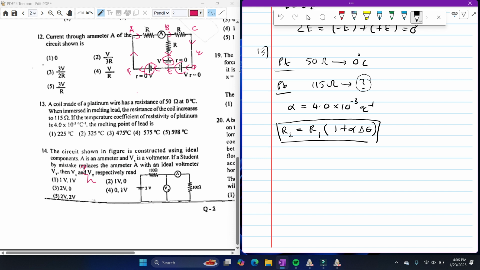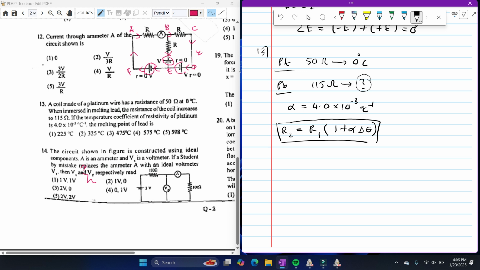So we'll better use the two scenarios and substitute them in this one equation.